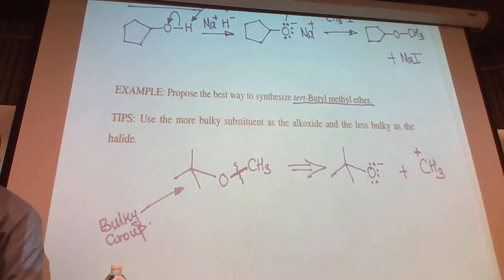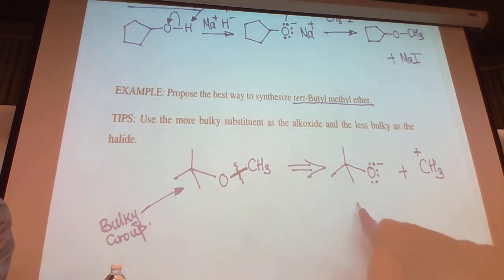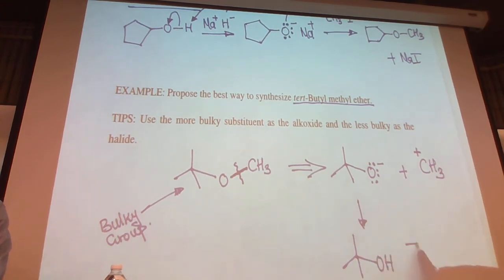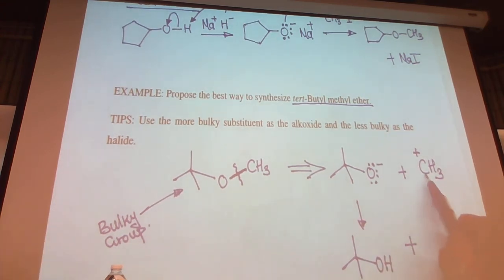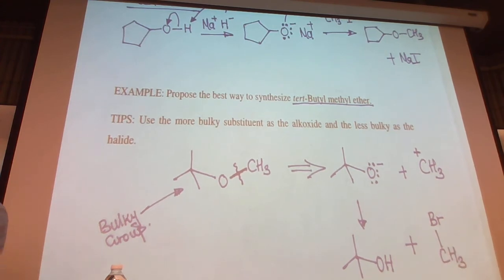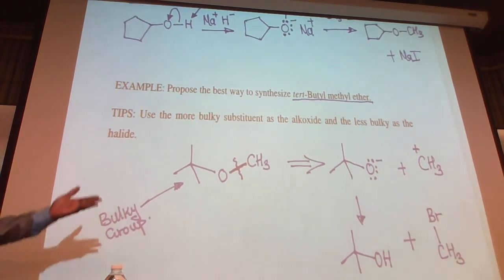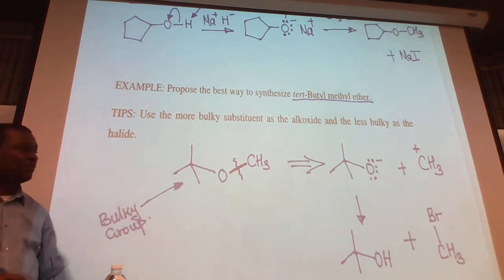But that's not the end. What we're going to start with will be an alcohol from this bulky group, plus this electrophilic center. So we have to make a bond with this carbon that makes it electrophilic. Therefore we'll connect an electronegative atom to that carbon to make it electrophilic, because that electronegative atom will be pulling electrons away from it.